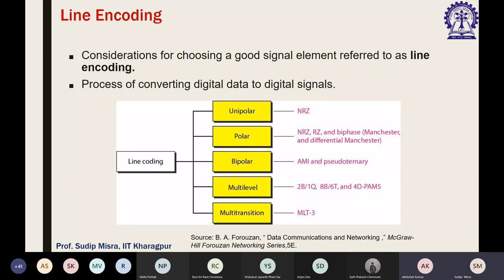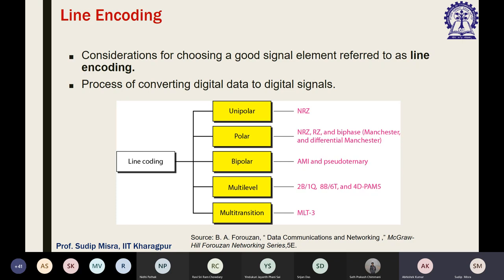You have to represent every bit with a particular type of signal element. You will have to encode, name with a certain convention, a particular bit and associate that bit with a particular type of signal element.